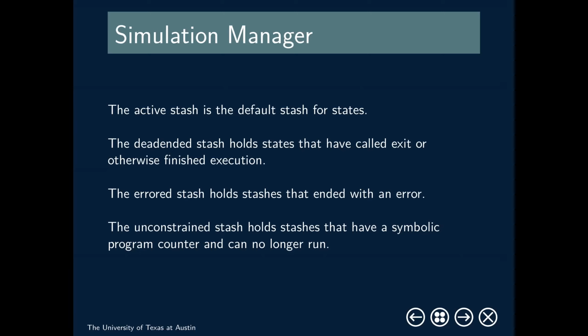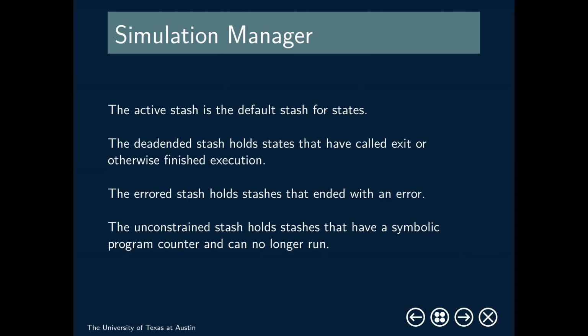The errored stash holds states that ended with an error, and the unconstrained stash holds states that have a symbolic program counter. So the program counter has actually become a symbolic variable, and we no longer know where to go in the program to continue our symbolic execution.